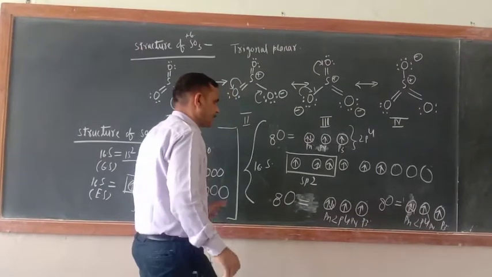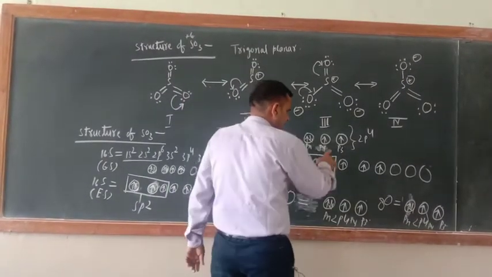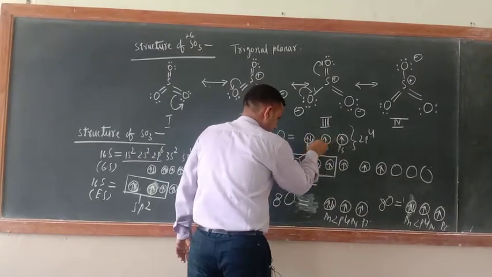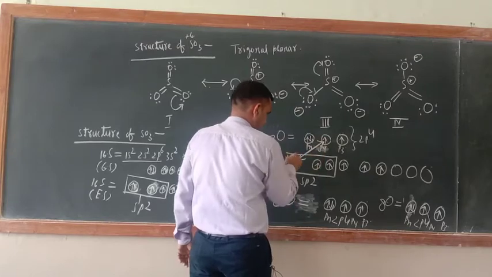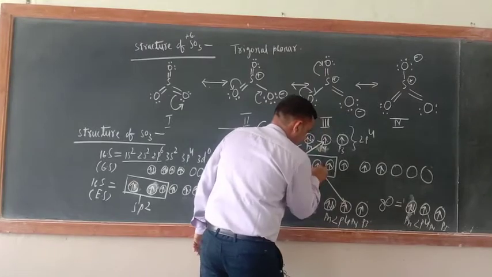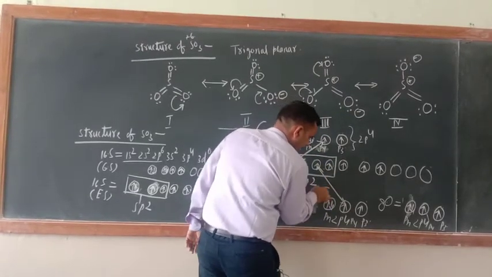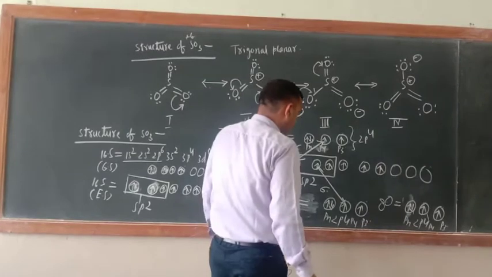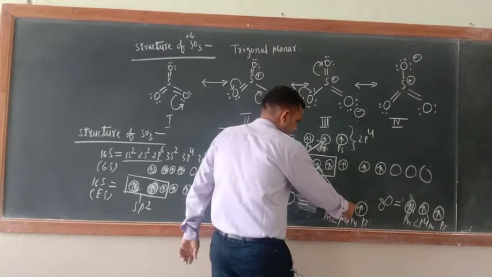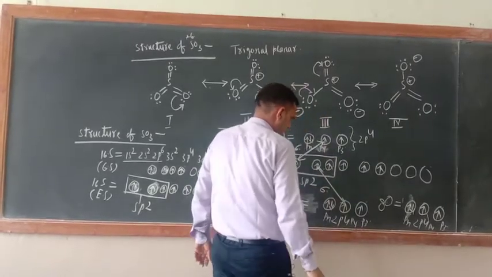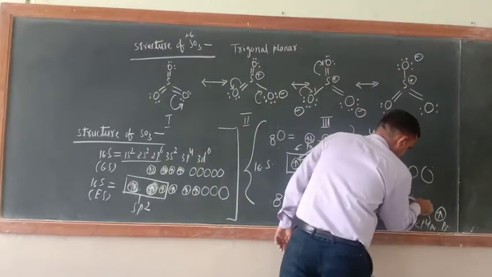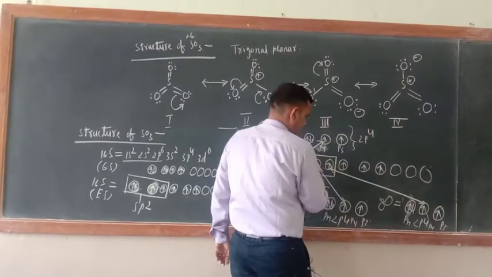Now just try to understand. This unpaired electron, this one and this one, form a sigma bond. This one and this one is also a sigma bond, no problem. Now take this oxygen and this oxygen, this is also a sigma bond only.